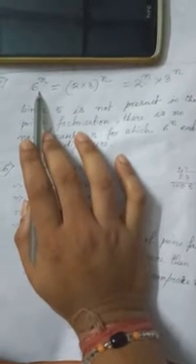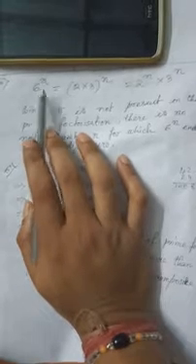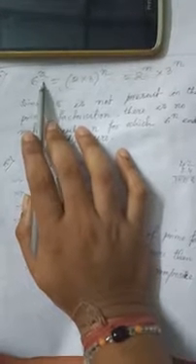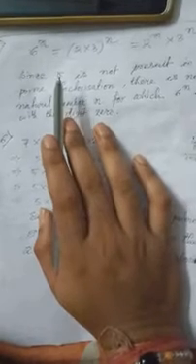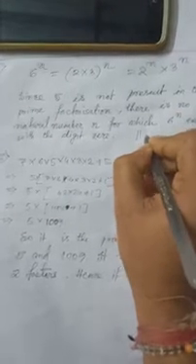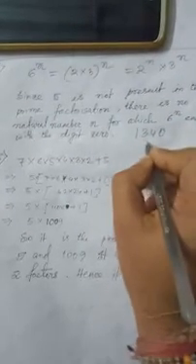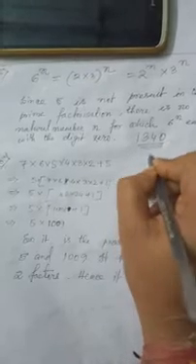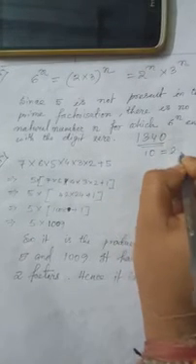Next question, we need to prove that 6 to the power n does not end with 0 for any natural number n. So when a number has 0 as the last digit, then it will be divisible by 10. Just check 1340, which is divisible by 10. The factors of 10 are 2 into 5.